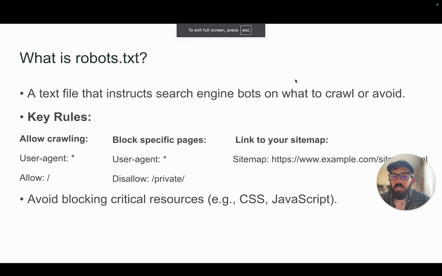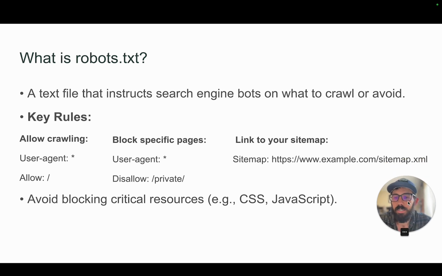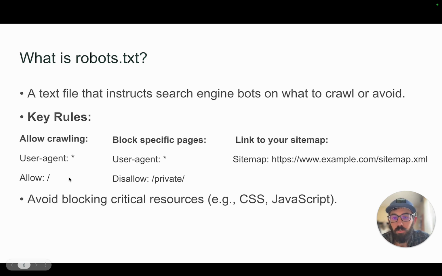What is it? It's a text file that tells search engines or search engine bots what to crawl or to avoid. Some simple rules here, but you can allow crawling for any agent, and then that just allows it for different pages or the website itself. You can block specific pages or folders, and then you can also link to your sitemap within it.